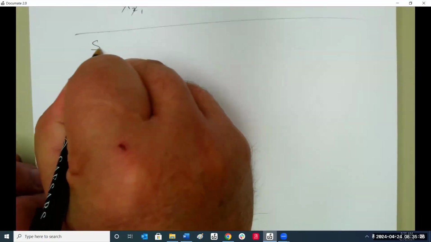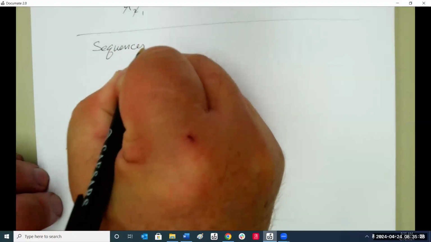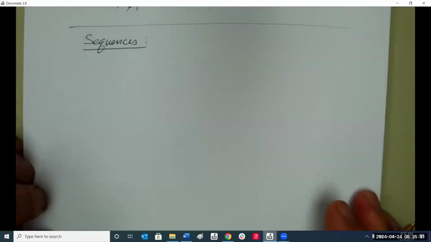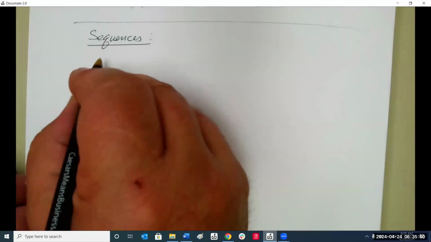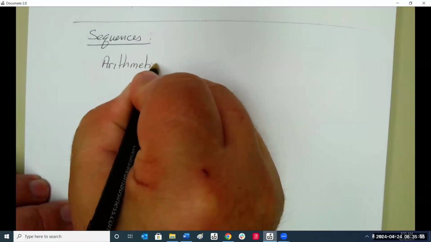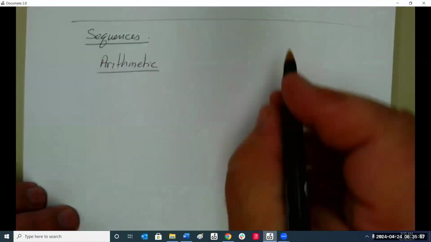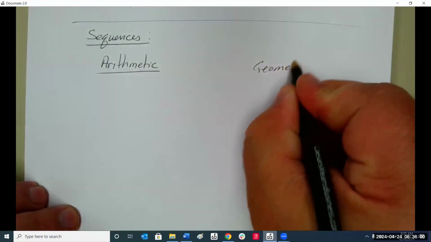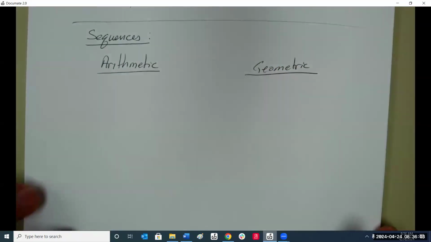The next part we're going to talk about is called sequences. What are sequences? Just a series of numbers that have a special relation with each other. There are two types of sequences: an arithmetic sequence and a geometric sequence.